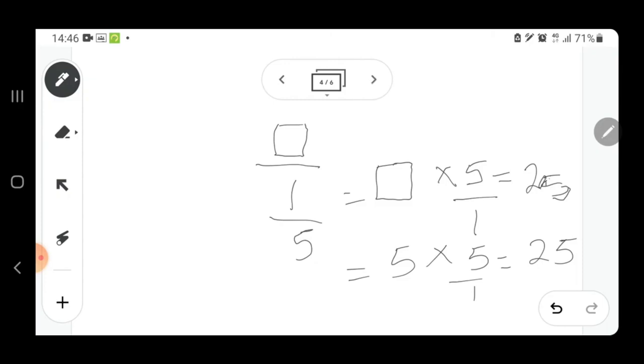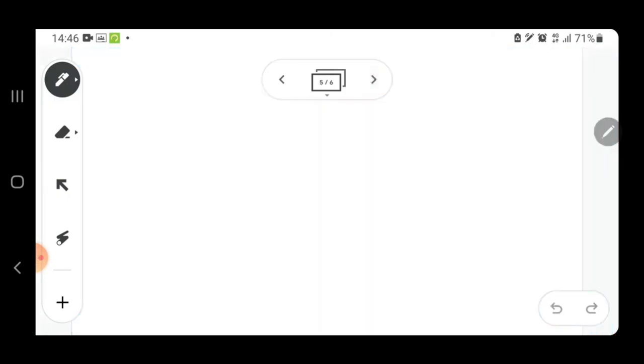Let's try and work out another question. Let's say you have an empty box again, divided by 1/4 of 20. So what you have to be thinking of is, there is a number.